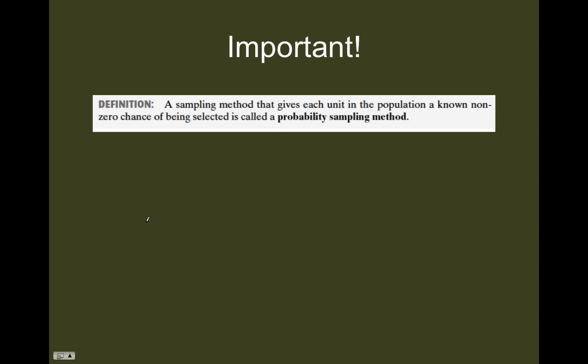And actually, we can even use our imagination and create a lot of different types of probability sampling methods. But the real idea here is that when we use probability as part of our sampling procedure, what it does is it removes the human element from it. Because, again, humans just basically are incapable of doing random things.